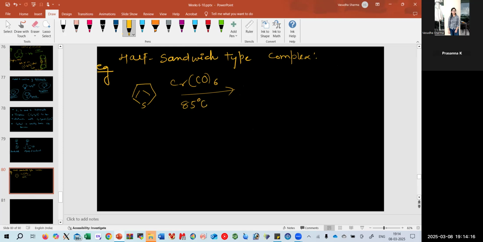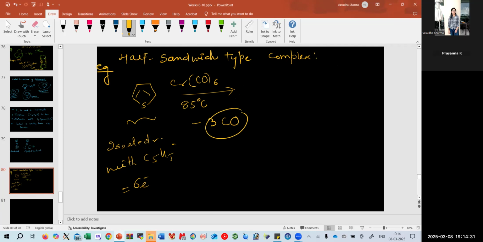Since this is isoelectronic with C5H5 minus, it gives you 6 electrons. If it is giving 6 electrons, 3 of your carbonyl groups have to go out, since you are giving thermal energy.